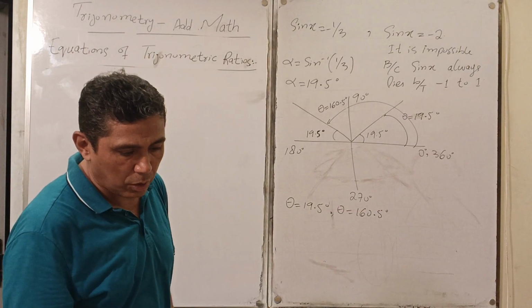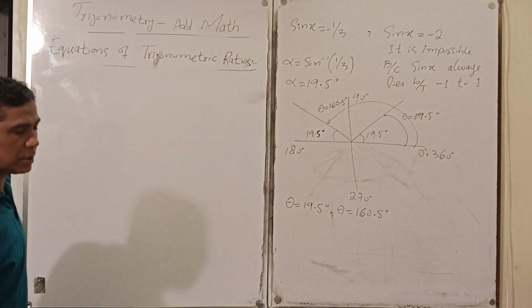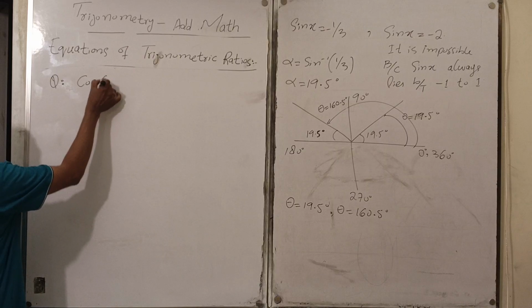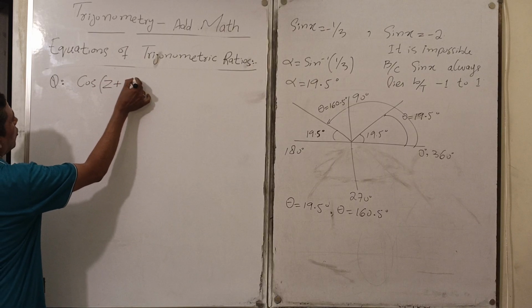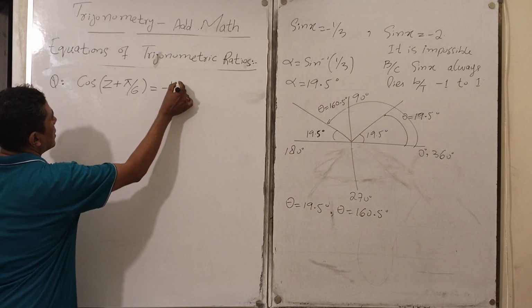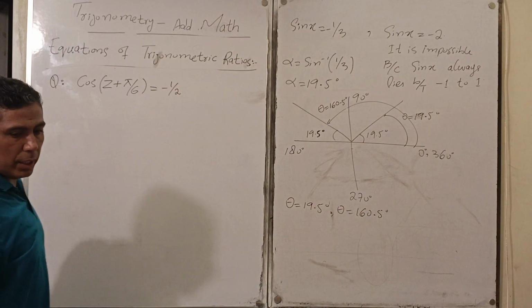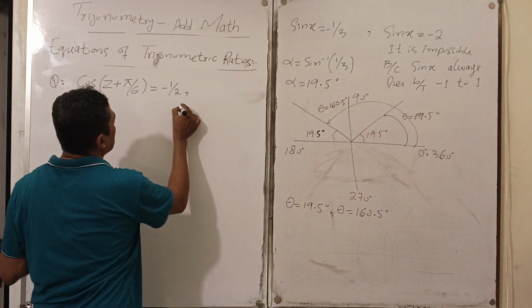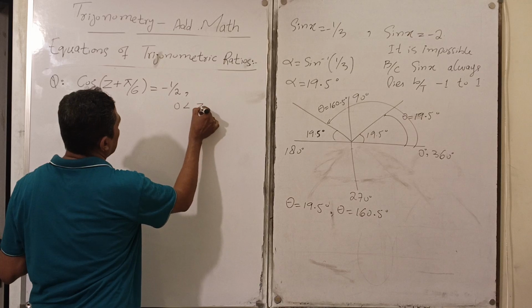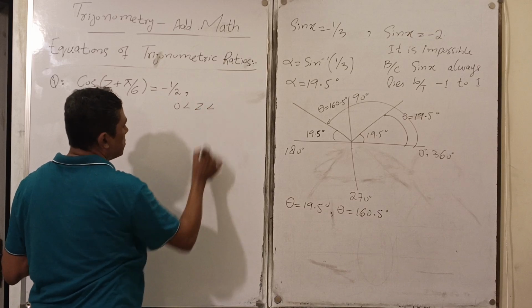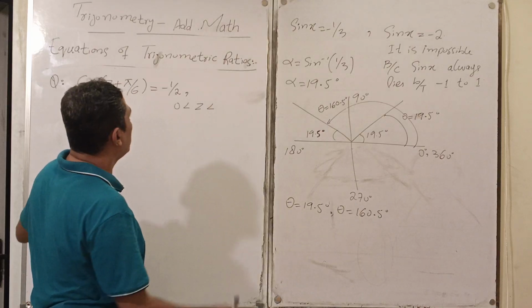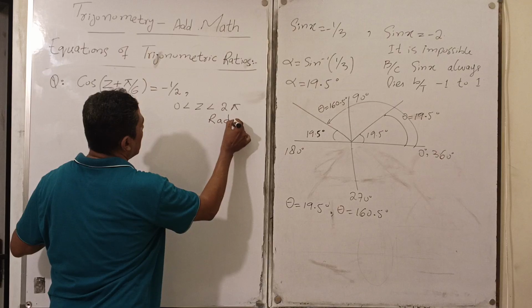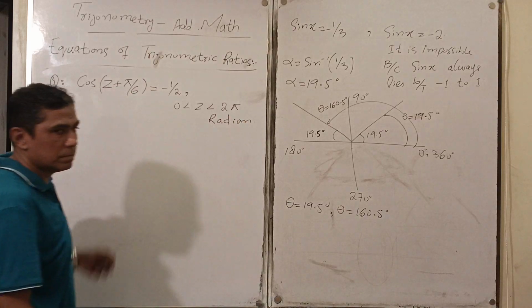The question is cos(z + pi/6) equal to minus 1/2. The range is here, z from 0 to 2 pi. Radian. Okay.